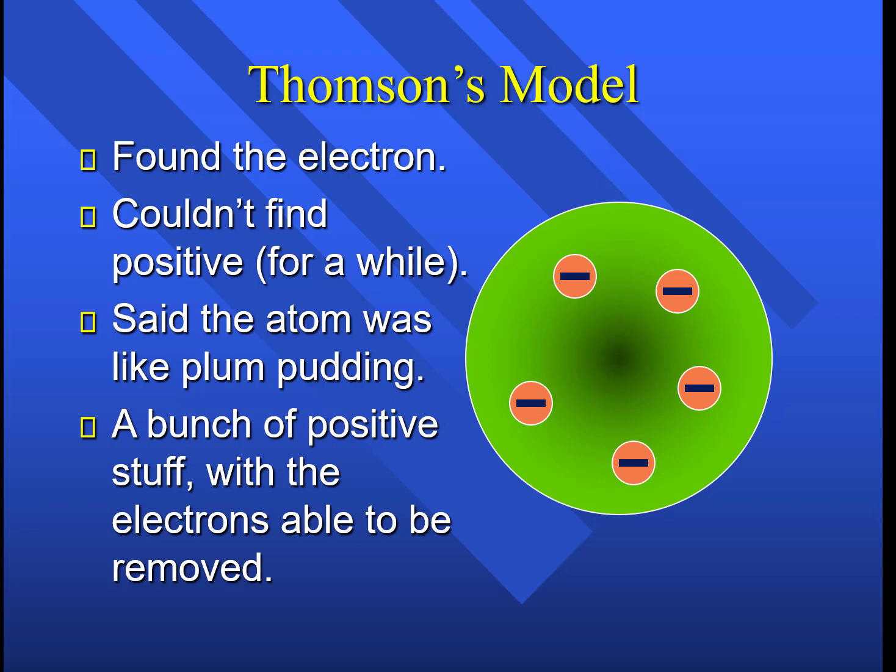So he had to change the picture of the atom in order to explain the cathode ray tube. The model of the atom changed. Before Thomson, everybody thought the atoms were just spheres that weighed different amounts. And the atom explained weights, but it didn't explain chemistry.